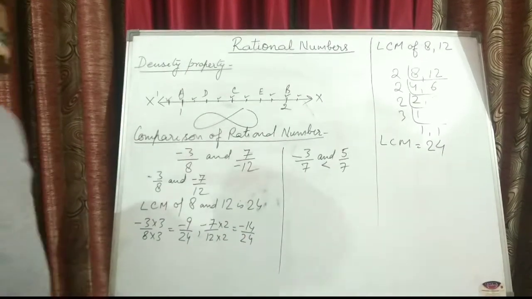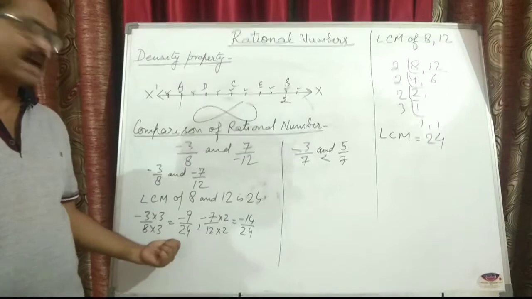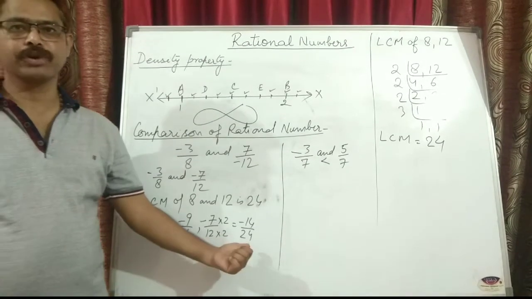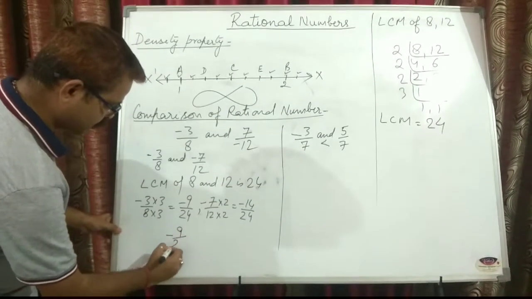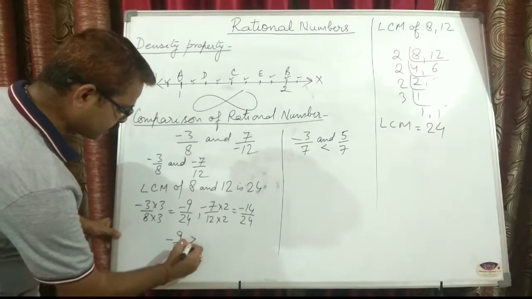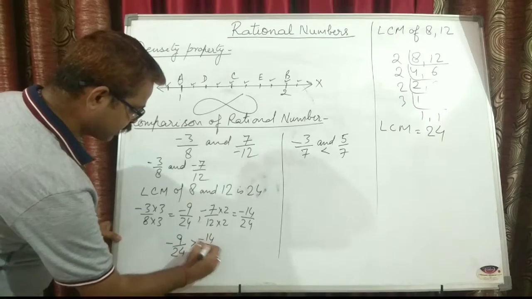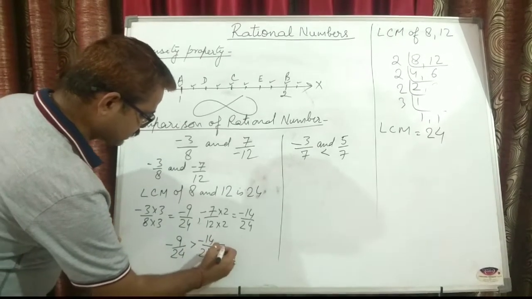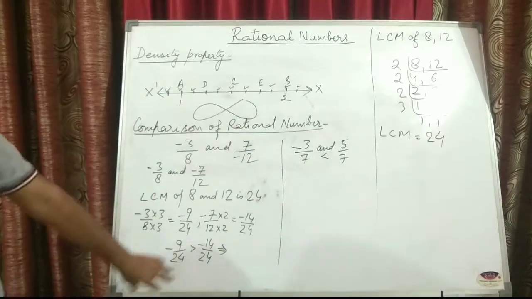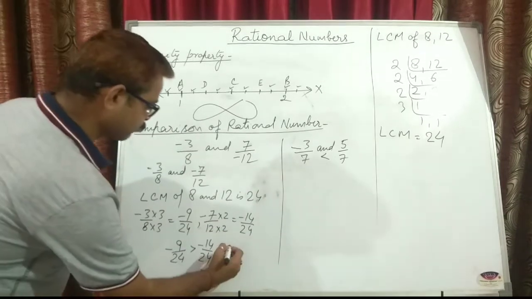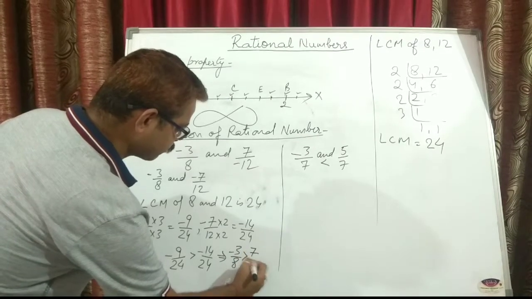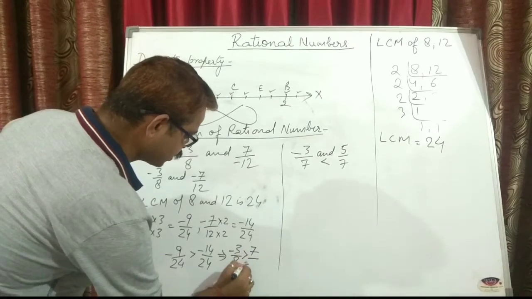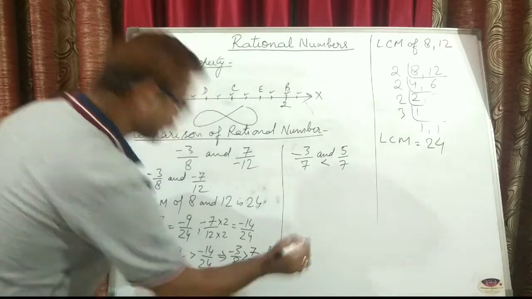So you can easily make out which number is bigger. I hope minus 9 is bigger and minus 14 is smaller. So you can say that minus 9 upon 24 is greater than minus 14 upon 24. But you have to write it in the form of the original question, so that can be written as minus 3 upon 8 is greater than 7 upon minus 12. That's it.